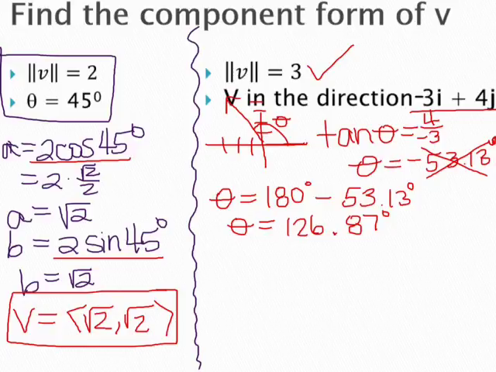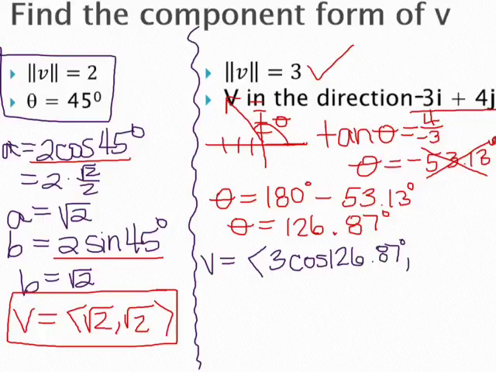So I'm going to say vector v equals, our horizontal component would be 3 times the cosine of our angle, and vertical component 3 times the sine of our angle.